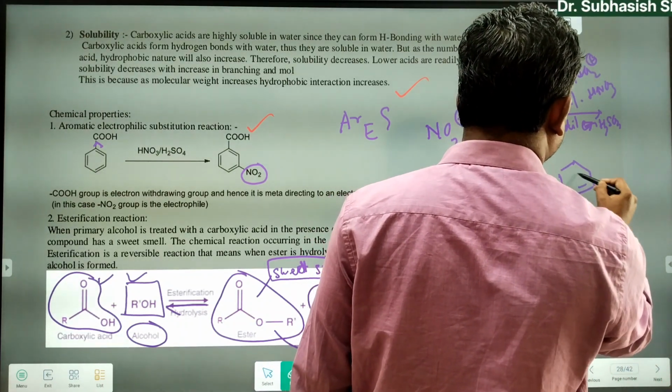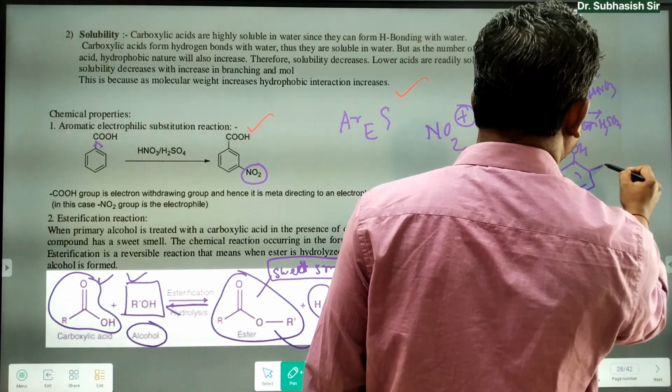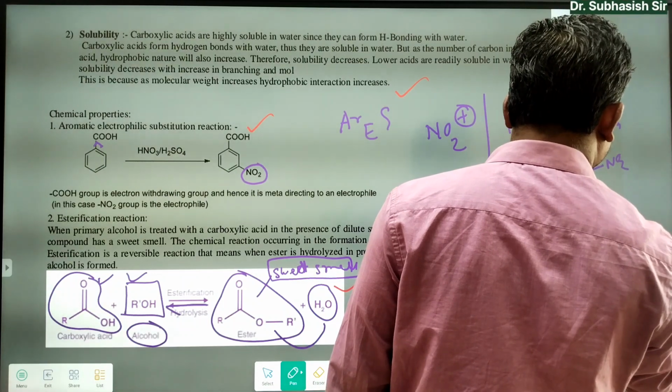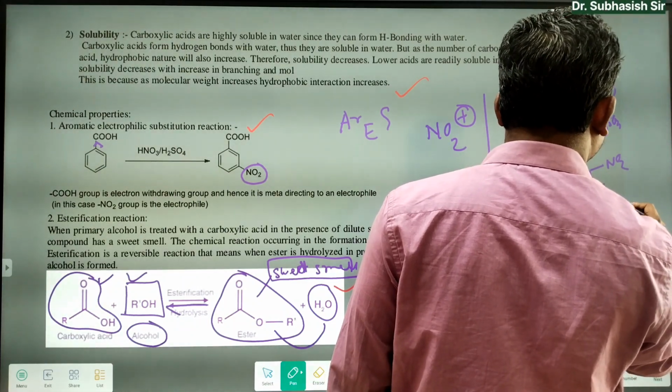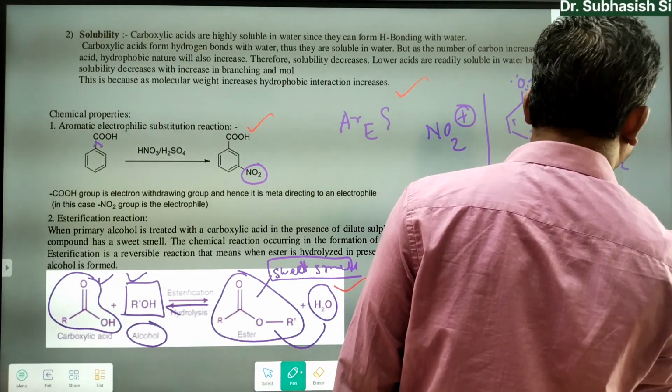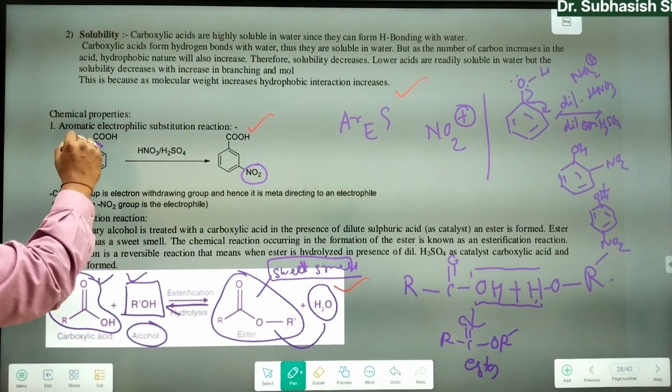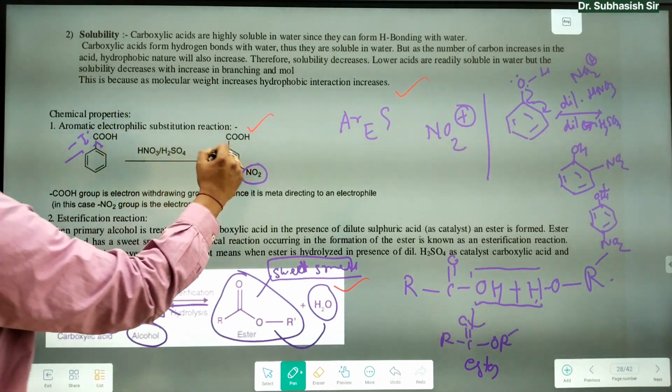You will get product at the ortho and para positions. This is very important. Always keep in mind that if any electron donating group is present, you have para and ortho isomers, and if you have an electron withdrawing effect like the minus I effect, you will have the meta isomer.